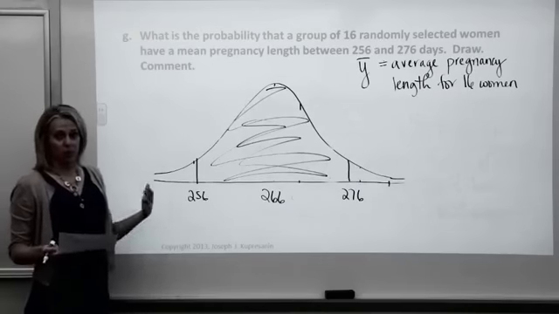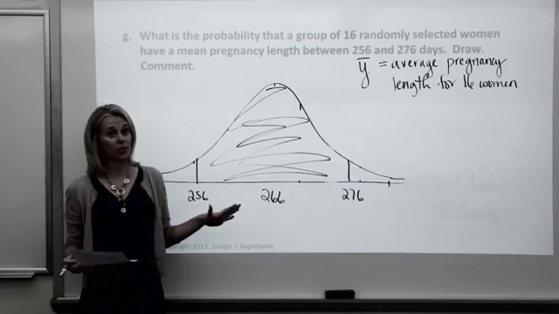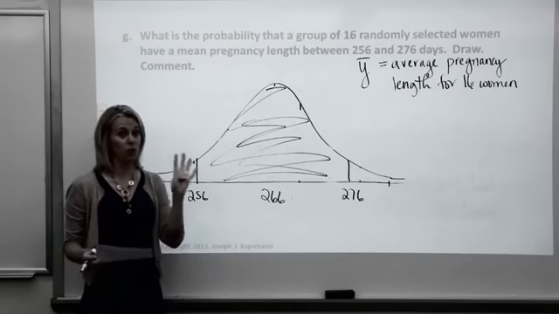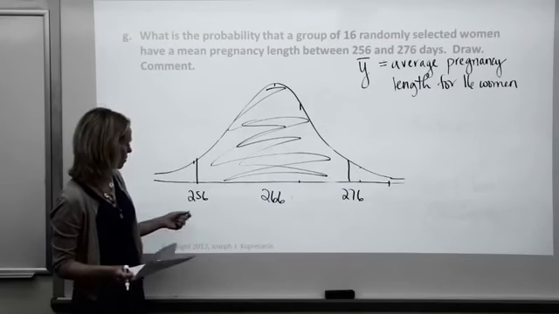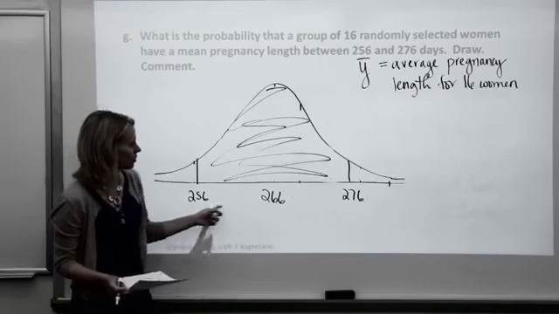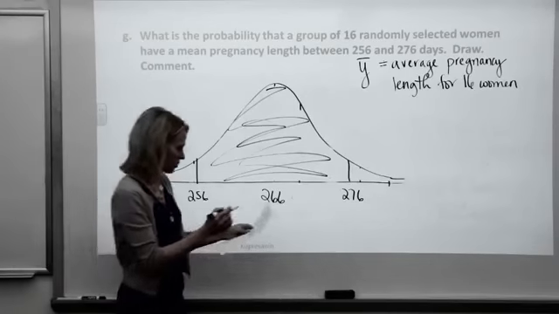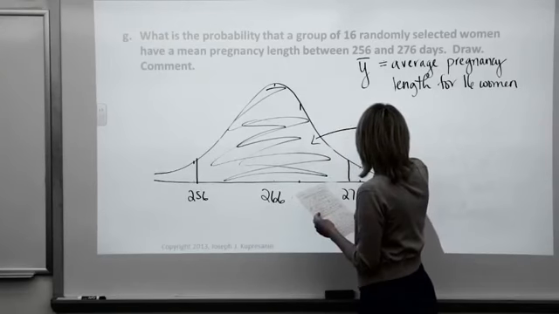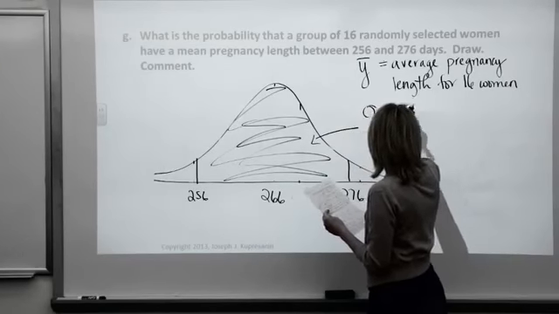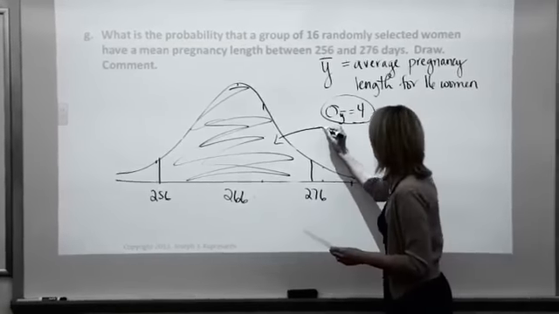You're going to do the same thing. You're going to go to StatCrunch. 266 is your mean. Your standard deviation, since it's the sample mean, is 4. And you can use the between button there at the top and find the area between 256 and 276. And if you do that, so just a note here that make sure you're still using a standard deviation of 4, not 16.